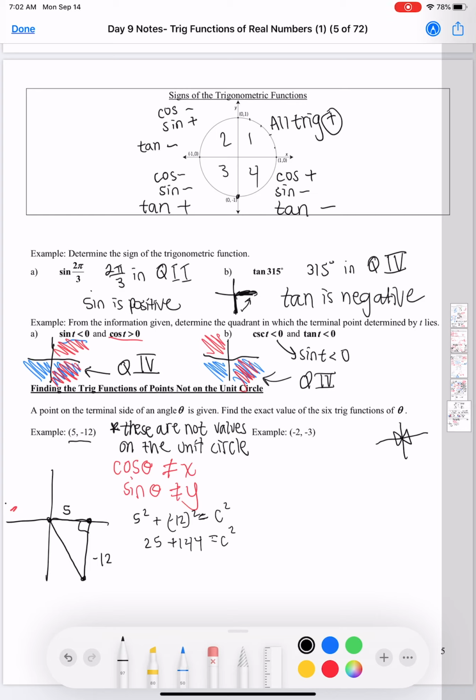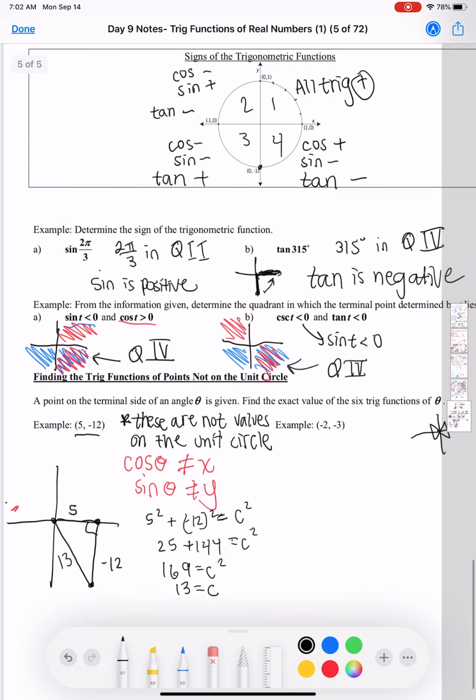Well, 25 plus 144 is 169. And take the square root of that, and I get c is equal to 13. All right. And the hypotenuse, that's always going to be positive.